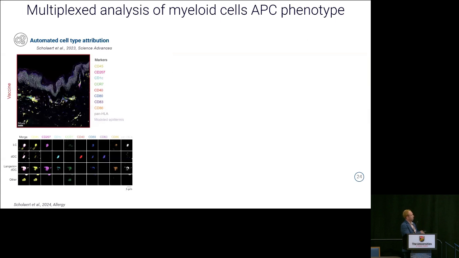We designed an antigen presentation panel full of co-stimulatory molecules and migratory molecules such as CCR7, which is required to migrate to lymph nodes. After the 3D acquisition, the software creates a matrix in which, depending on the combination of markers, it classifies your cells into Langerhans cells, dermal DC, Langerhans positive dermal DC, other cells, etc., and quantifies the amount of activation markers that they have on the surface.